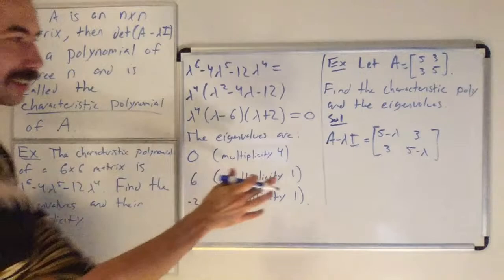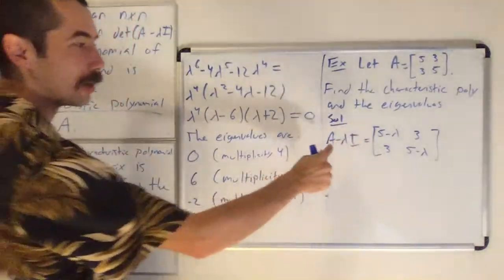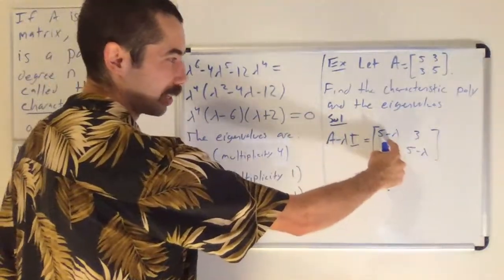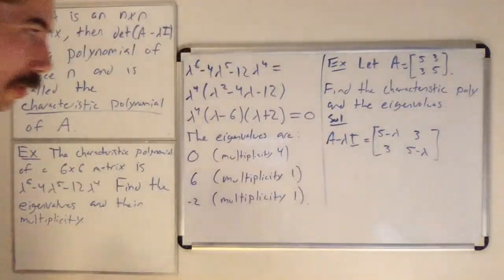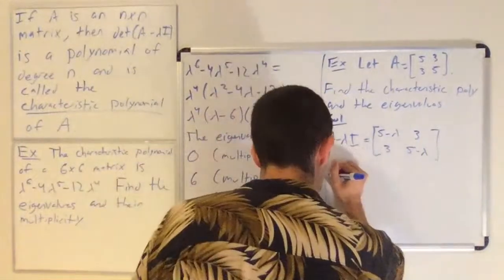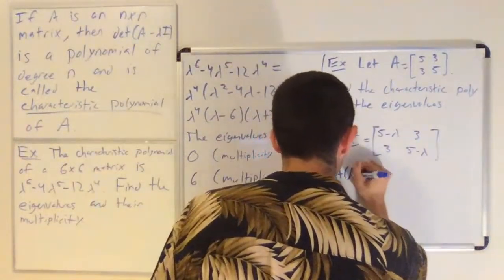So let's find the determinant of this matrix, and the determinant of a 2 by 2 is nice and easy. You just do the cross multiplying. So this is the characteristic polynomial.